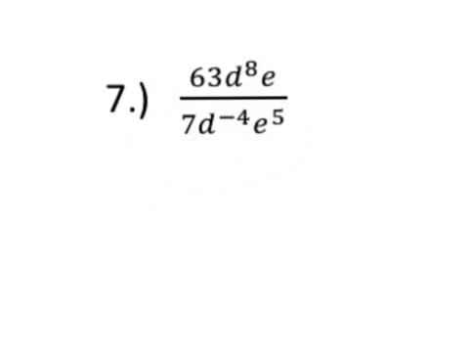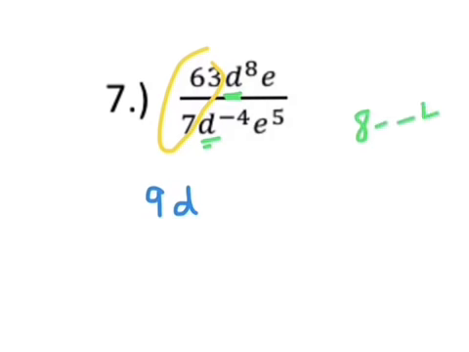Okay, now we have a division problem, so this will be the quotient of powers. So first we have our coefficients. So we do regular math with those. That's 63 divided by 7, which is 9. And then we have like bases. When the bases are the same and we're dividing, we keep the base and we subtract the exponents. But be careful here, it's 8 minus a negative 4.